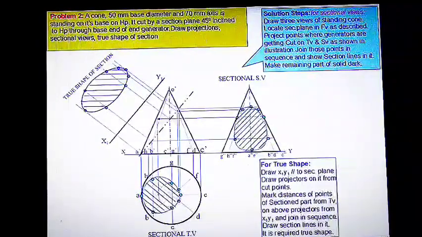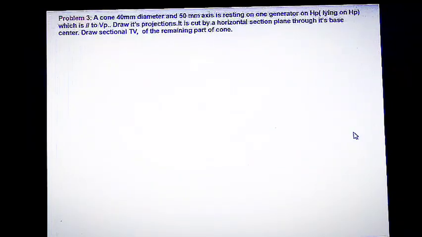Now we move on to the next problem. See, problem number 3. A cone 40 millimeter diameter and 60 millimeter axis is resting on one generator on horizontal plane, which is lying on horizontal plane parallel to VP.